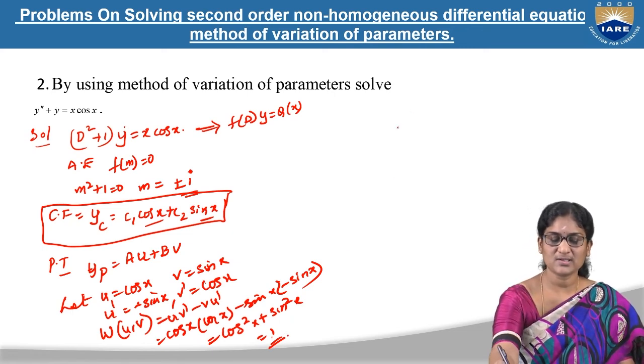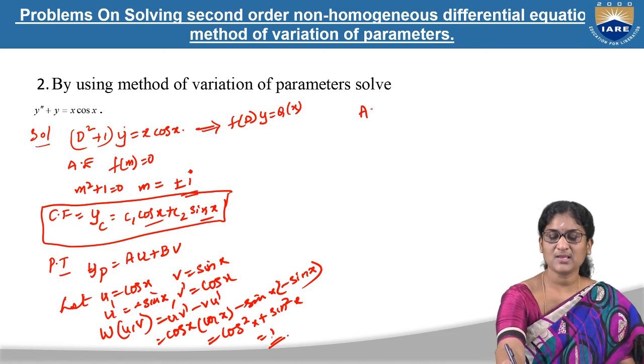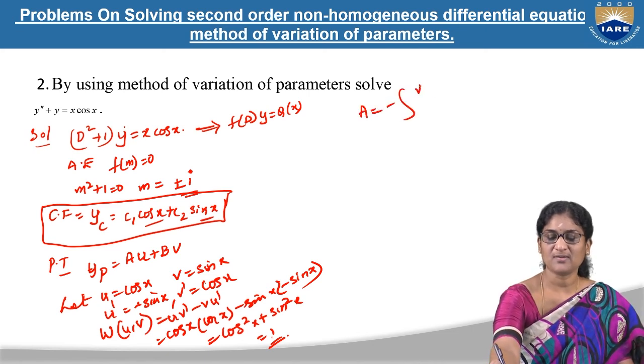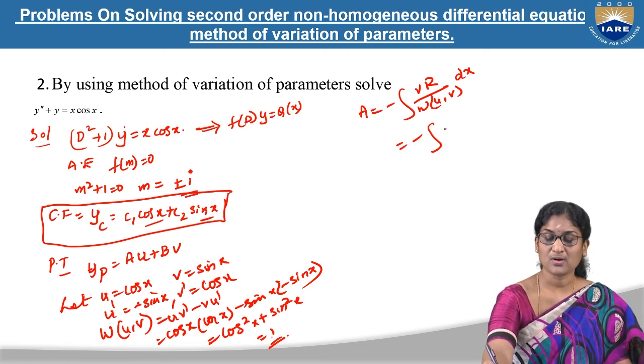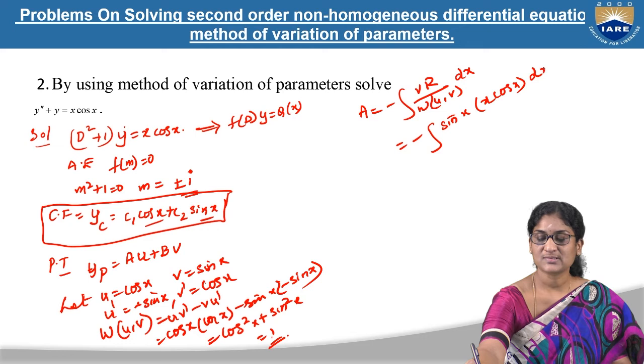So now let us find out the value of a. A is equal to minus integral of v into r by the Wronskian value into dx. Which is nothing but minus integral of sin x into x cos x dx.